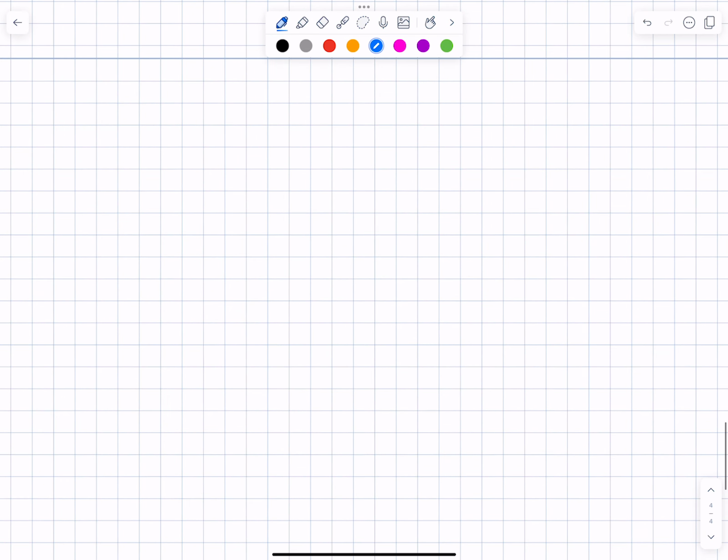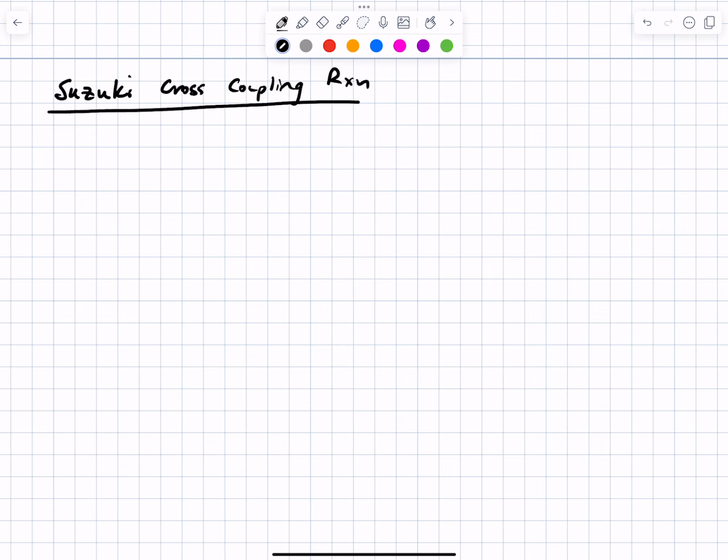A lot of these reactions are named for their discoverers. So this is called the Suzuki reaction, named after Professor Suzuki who discovered it. They call it a cross-coupling reaction because you take two different things and you couple them together, making a new carbon-carbon bond.